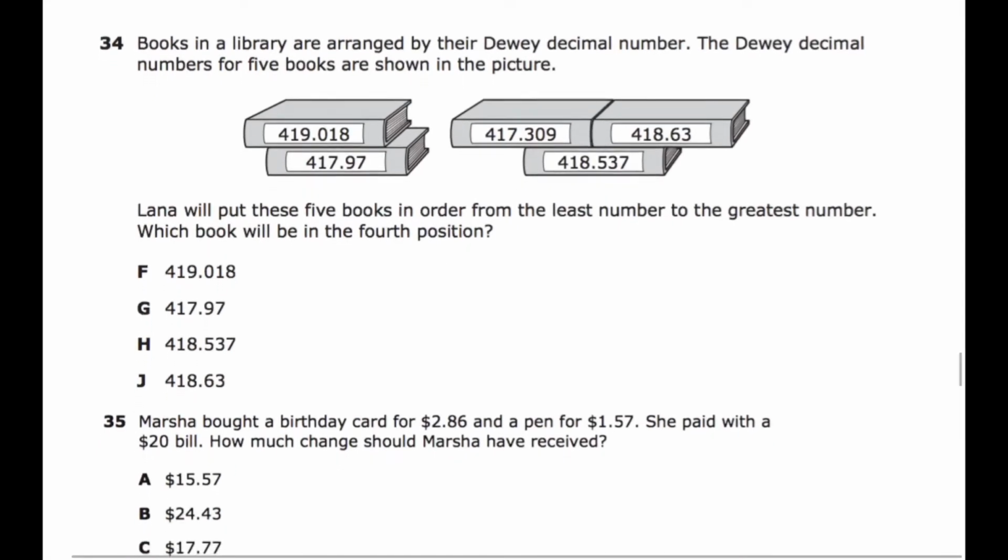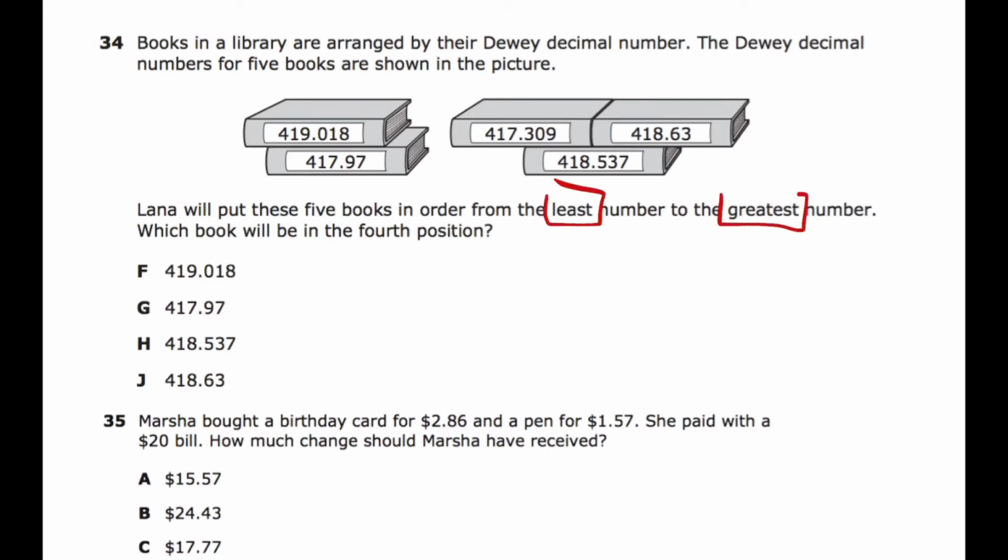Question number 34. Books in a library are arranged by the Dewey Decimal Number. The Dewey Decimal Numbers for 5 books are shown in the picture. Lana will put these 5 books in order from least to greatest. Which book will be in the 4th position?